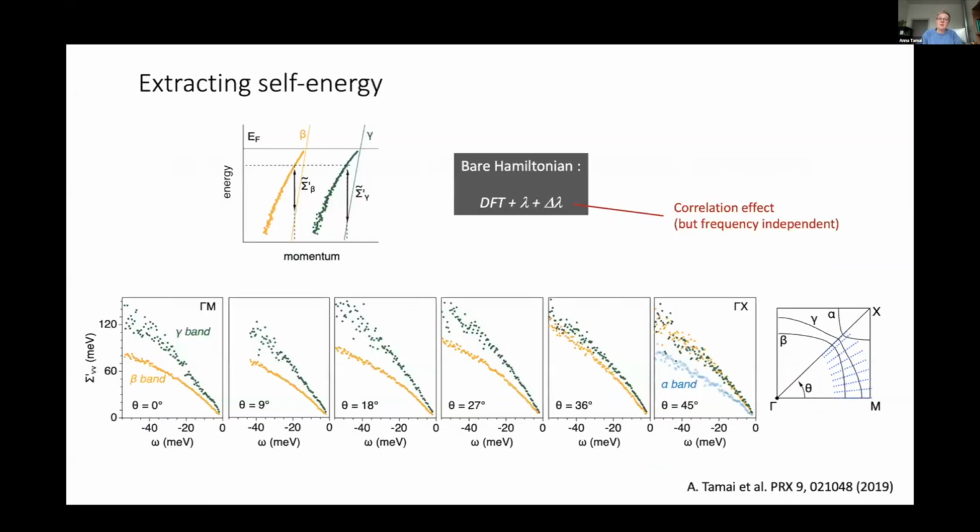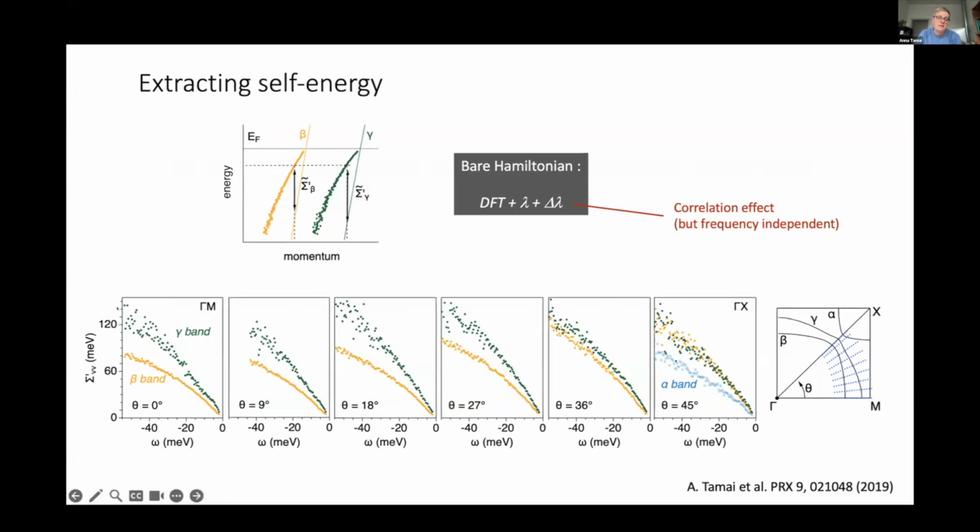You can do a bit more accurate analysis and extract the self-energy as a function of angle, or as you move on the Fermi surface. We extracted the dispersion from ARPES and compared this with the dispersion from the bare Hamiltonian, which again includes an enhancement of spin-orbit coupling due to correlations, but this effect is frequency independent.